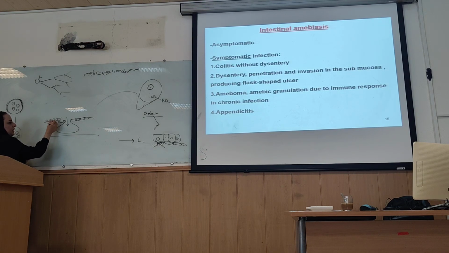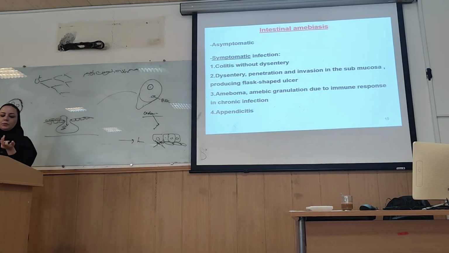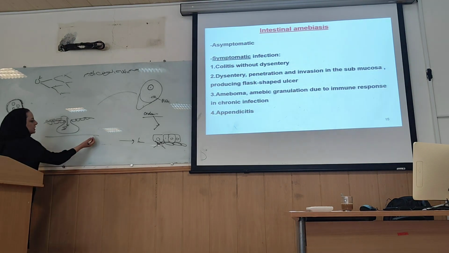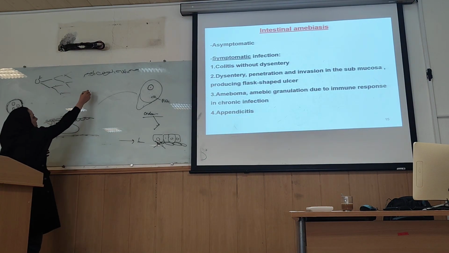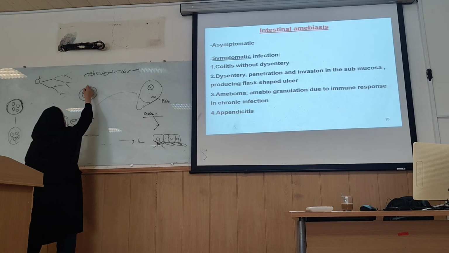Histolytica attaches, invades, and multiplies. They produce toxin, I told you. They can digest our epithelial cell. They can phagocytose. This is the muscle. If you see the lumen, this is the lumen. This is the layer of the large intestine.